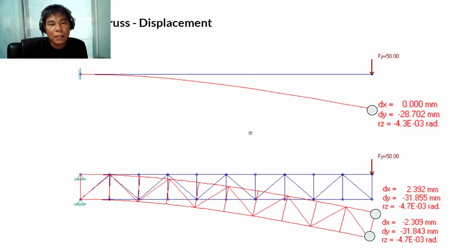So here is the deflection result or the elastic curve.